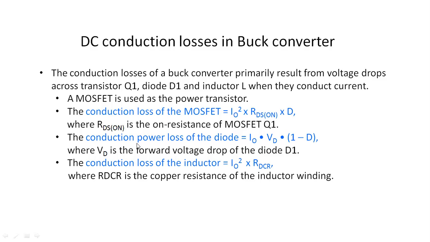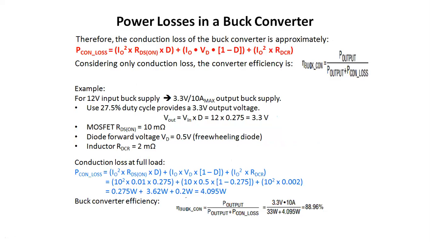Similarly, the conduction power loss of the diode and of the inductor each have an equation. As we are using the transistor, the diode, and the inductor, there will be conduction losses in the buck converter. Again, there are power losses in the buck converter.